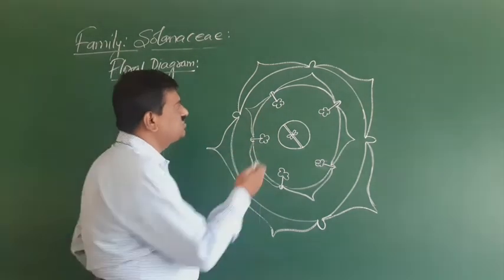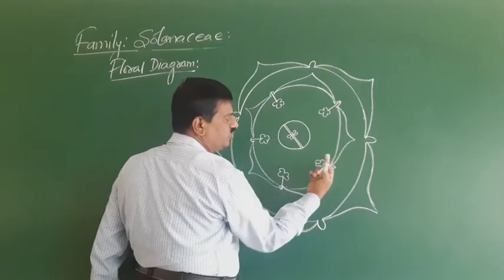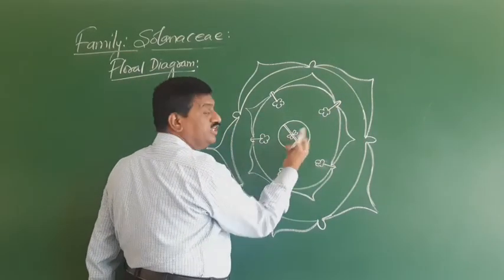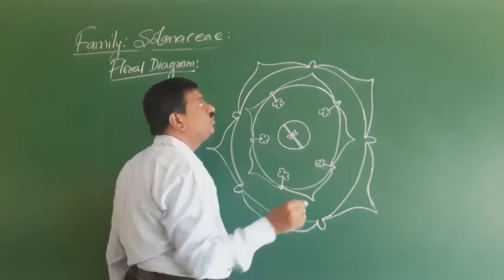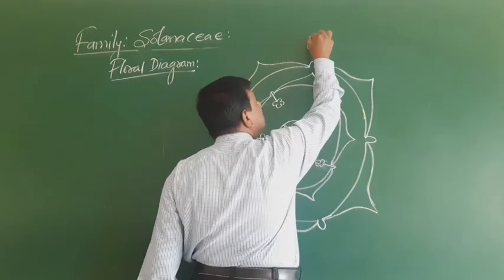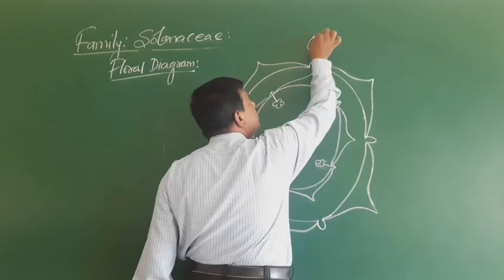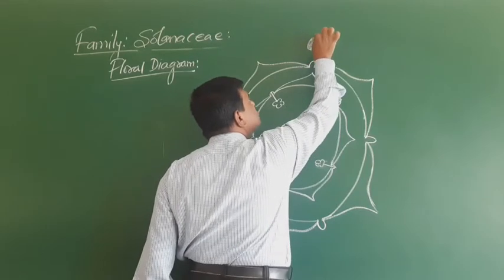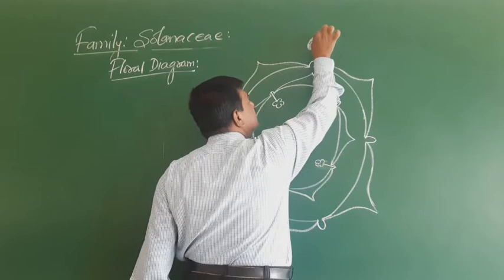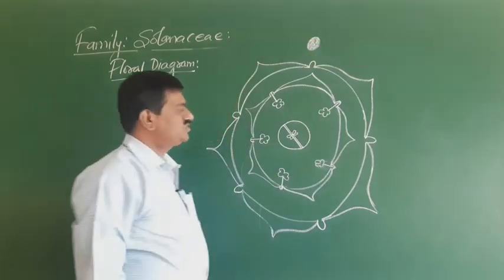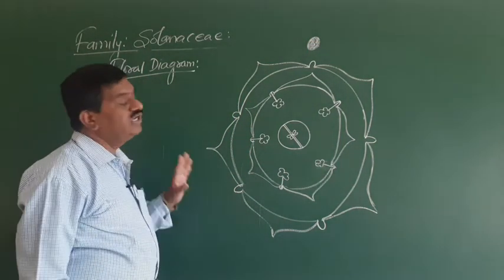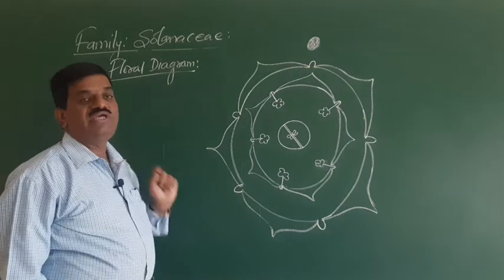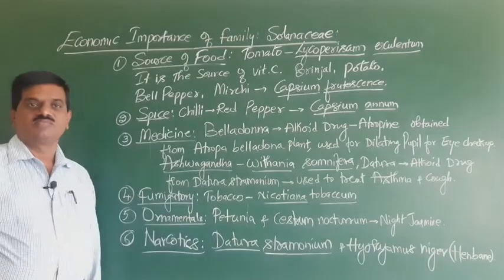So all this is the Calyx, this is the Corolla, Androecium and Gynoecium. After writing all this, we are going to show a small circle above this. This indicates the main axis, which should be shown on the top side. So this is the floral diagram of family Solanaceae.